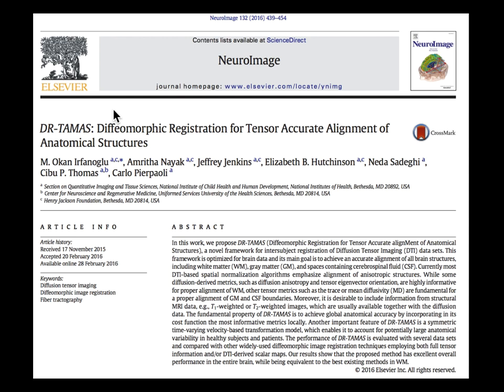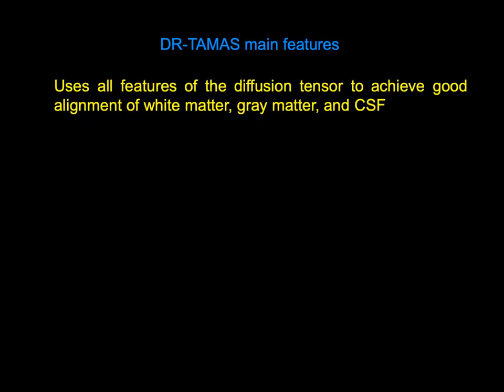So when you have computed your tensor with corrected images, you can register your images into a common space. I will not go through the details of what DR-TAMAS has, but one important aspect is that it uses all the features of the diffusion tensor to achieve a good registration alignment of white matter, gray matter structure and CSF. So you don't want only to register white matter well.